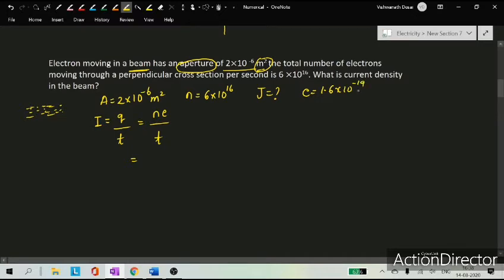The T value they have given is 1 second, per second.